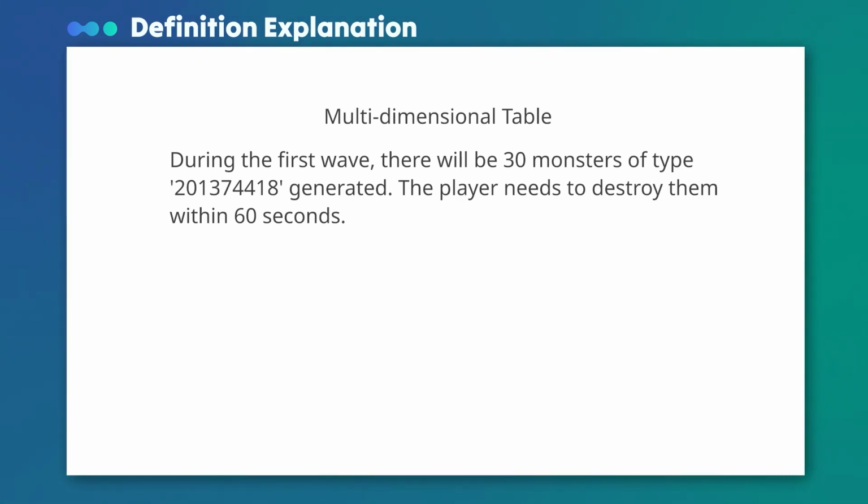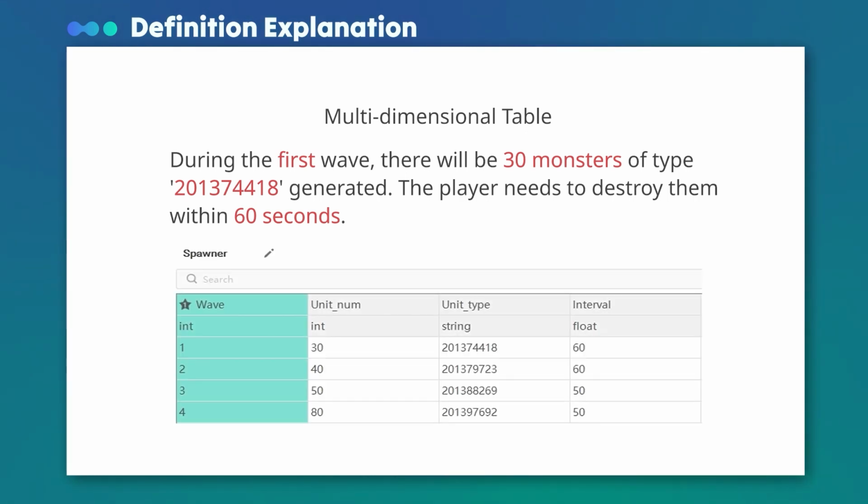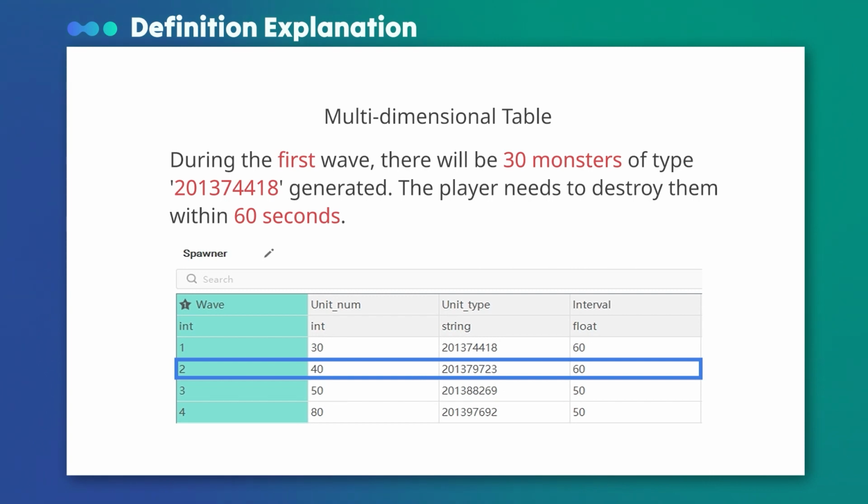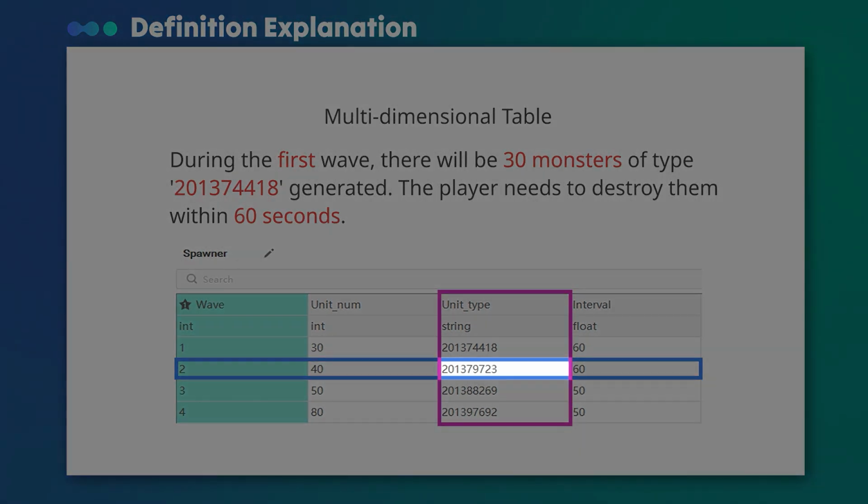It is easy to see that a wave has four primary attributes: sequence, number of monsters, monster type, and time limit. In a multi-dimensional table, these can be described as follows. Later in triggers, if we want to call the type of the second wave of monsters, we can use the primary index wave and the attribute unit type to quickly get the data.